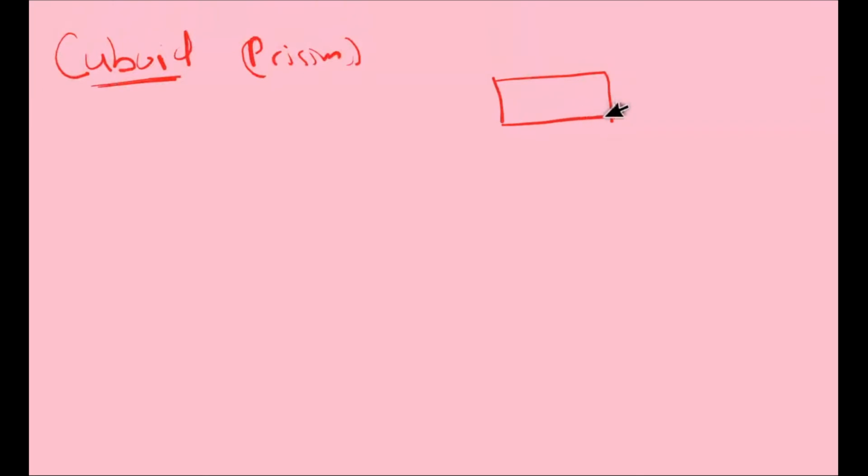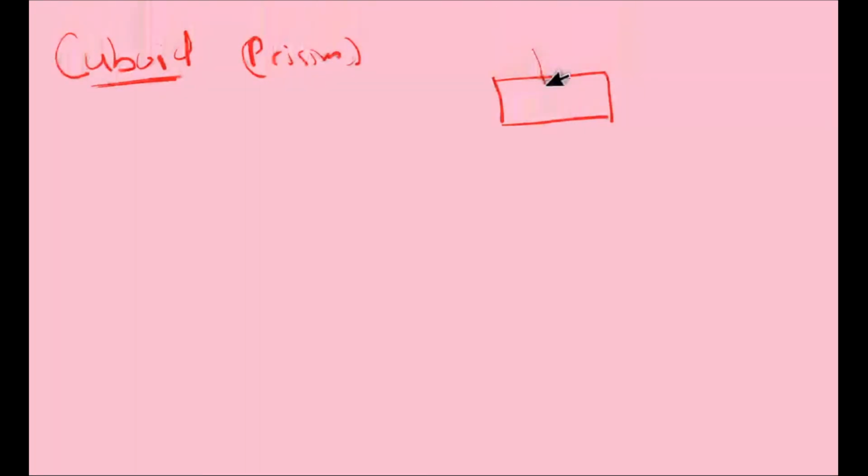Okay, now I am talking about cuboid. Okay students, what is the cuboid? It is a prism. A special name is given to the prism if the base is rectangle.